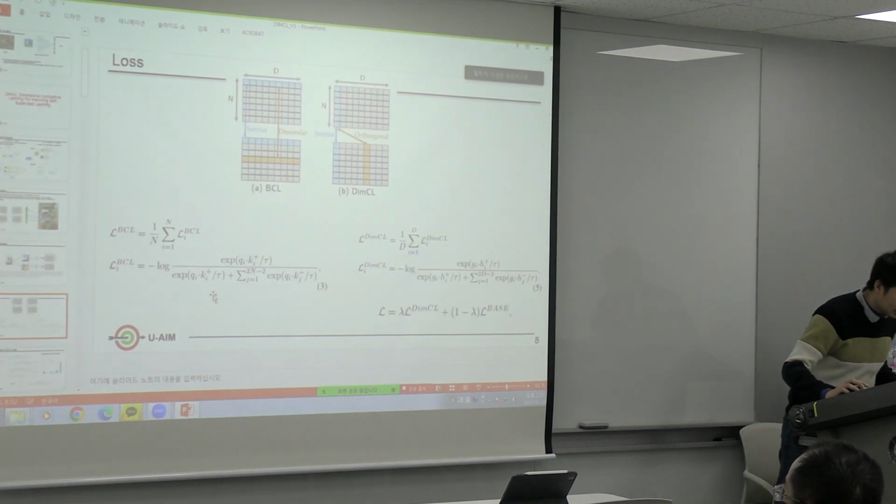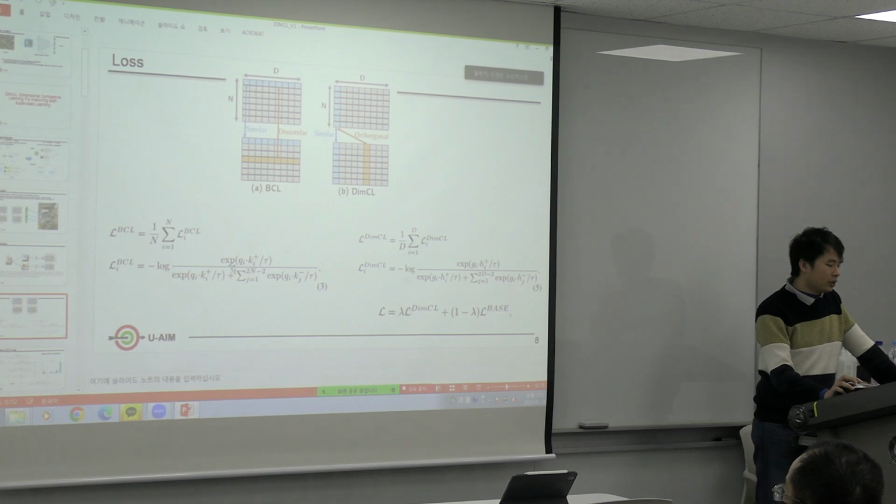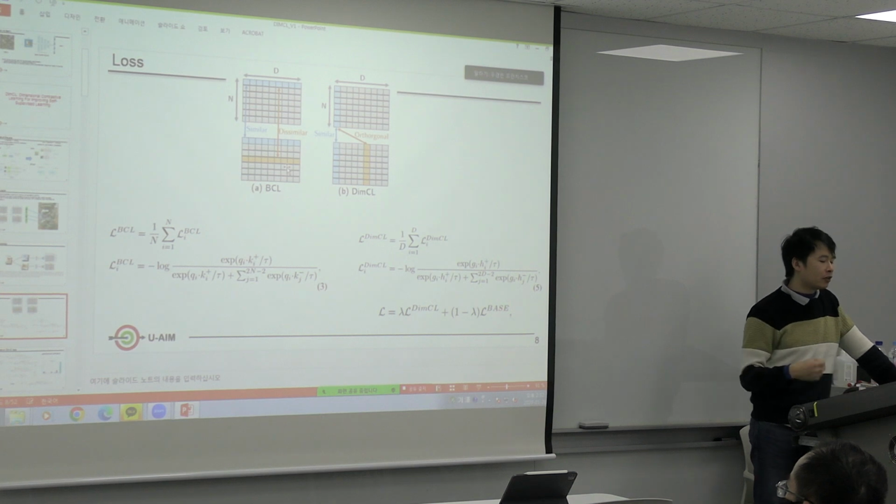This is similar to contrastive learning, which tries to make representation vectors similar among the same instances, and different among representation vectors that come from different instances.